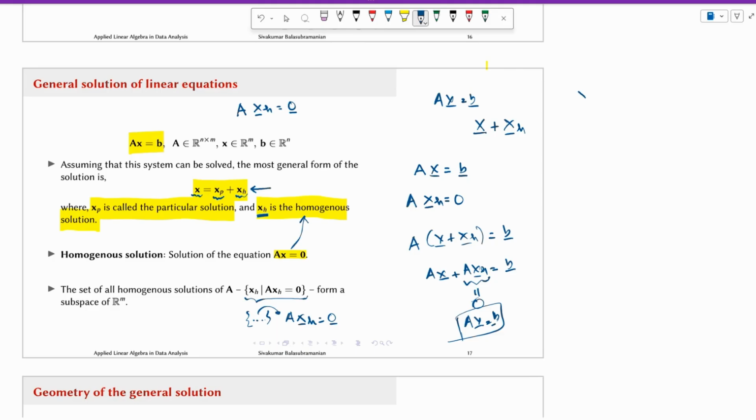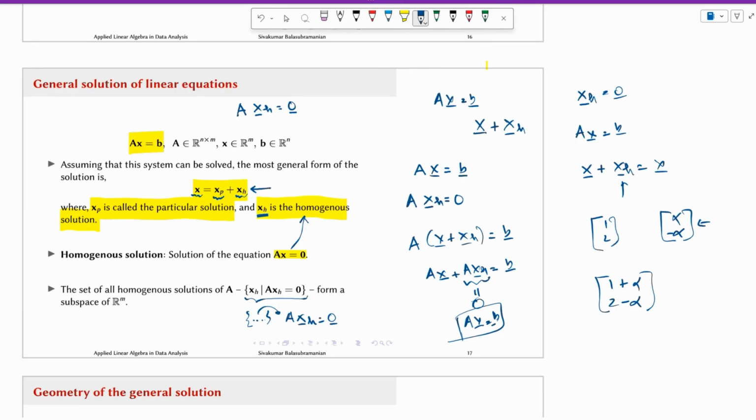Because if the only possible value for xh is 0, and you solve Ax equals b, adding the homogeneous solution gives the same x. But if xh was non-zero, let's say solutions of the form alpha, minus alpha, all homogeneous solutions, then any solution like this will also solve Ax equals b.